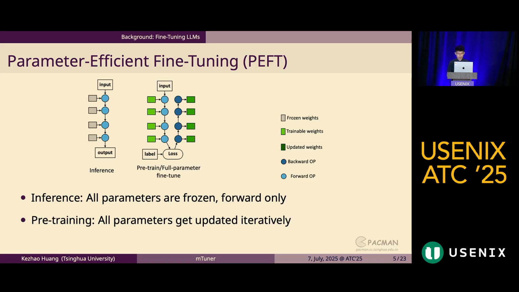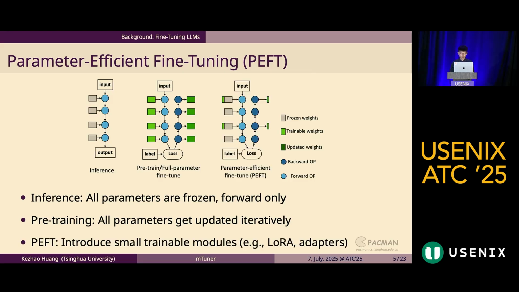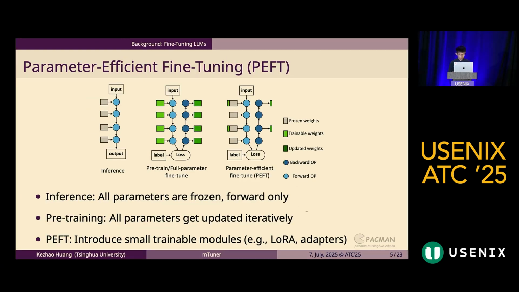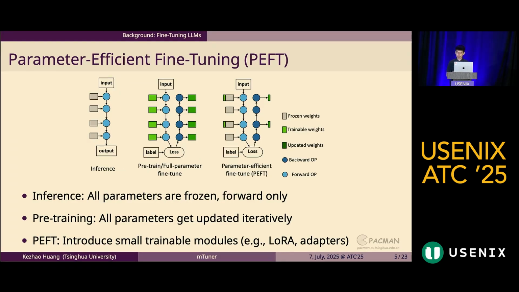In contrast, pre-training updates all model parameters, which is both memory and compute intensive and only feasible in large-scale setups. For PEFT, instead of updating the entire model, it inserts more trainable modules like LoRA or adapters into the model. These modules contain a tiny fraction of the total parameters, which dramatically reduces the memory requirement and the communication overhead of training, while still allowing efficient adaptation.